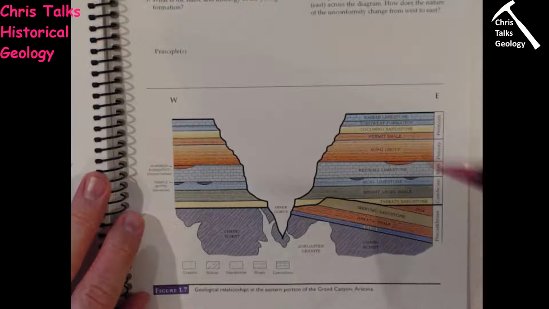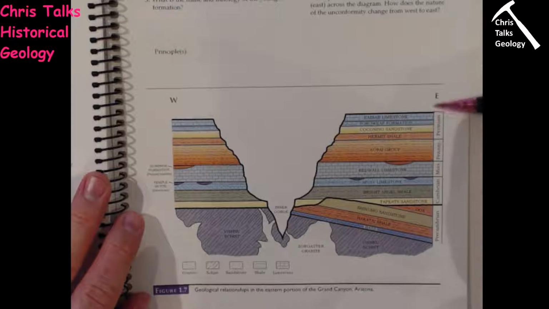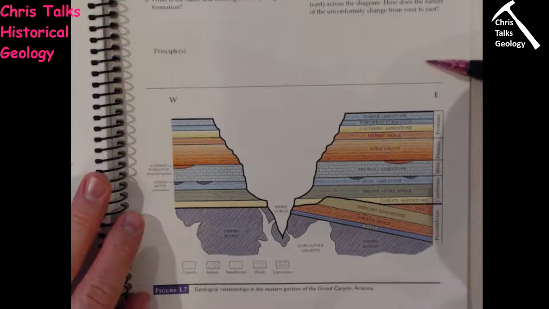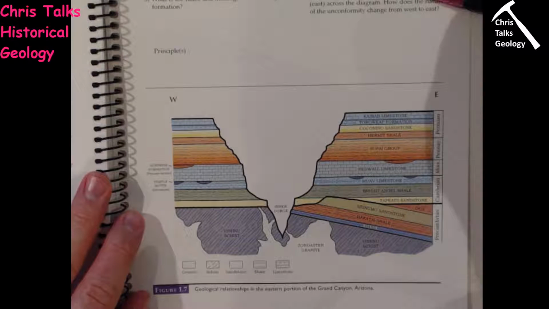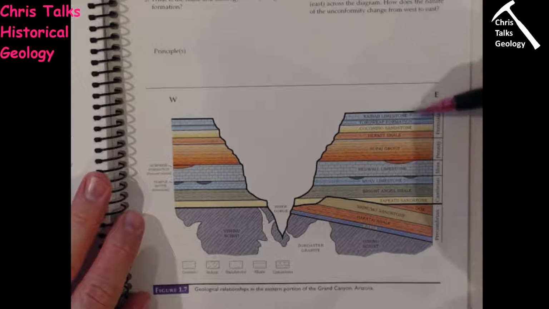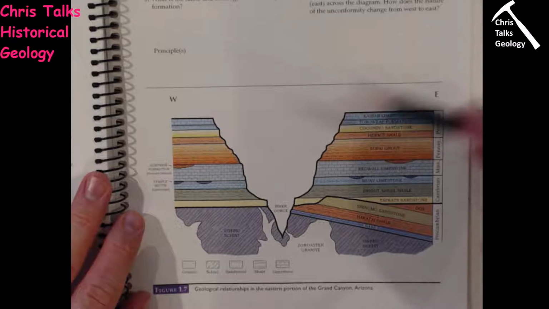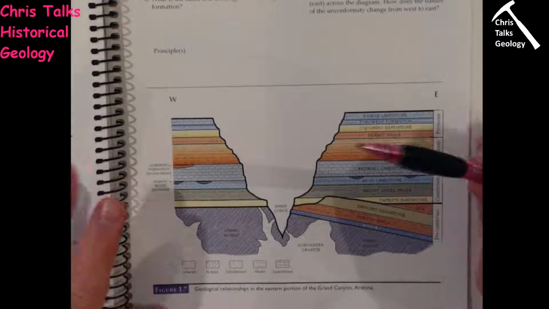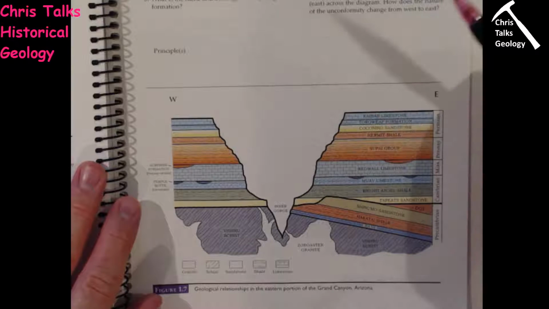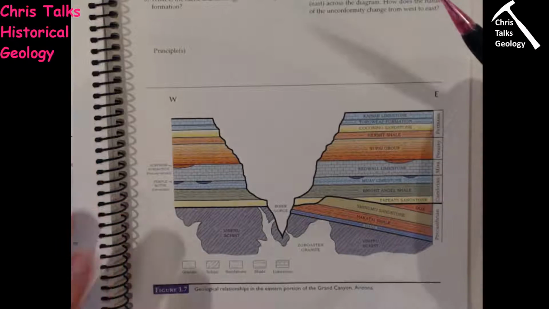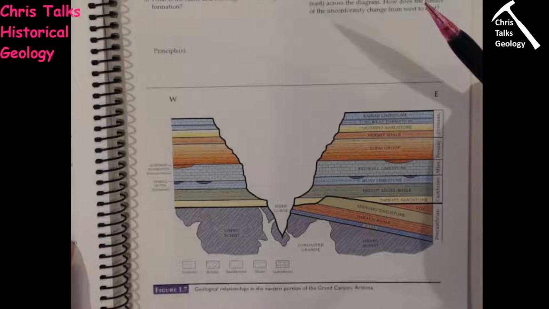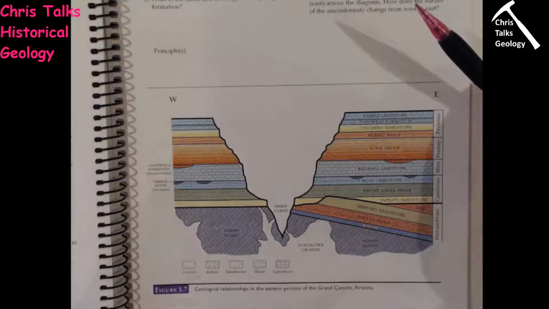Bear in mind the Permian ends, there's no Mesozoic rocks, there's no Cenozoic rocks. They're missing. If any rock has been deposited during the Mesozoic or Cenozoic, it's been eroded away, it's gone, we don't know whether it's there. Don't forget there is also one more unconformity here, very modern, and it's cutting through everything.